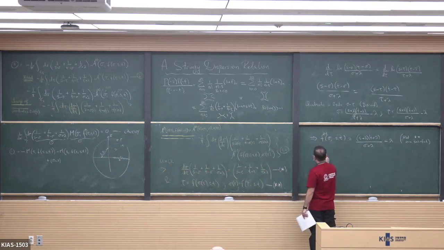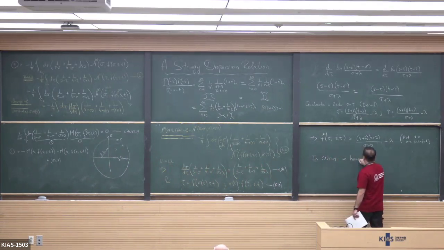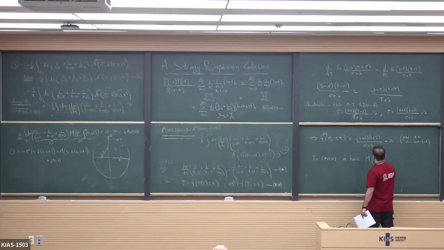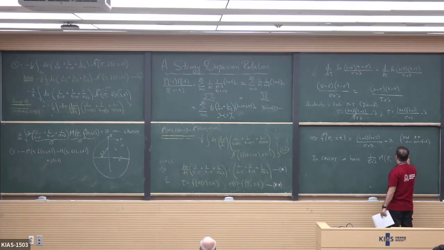So in Cauchy, we have m as a function of sigma. So the full contribution is sigma plus lambda, m as a function of sigma, and then f of this quantity here. So s plus lambda, t plus lambda, over sigma plus lambda minus lambda.